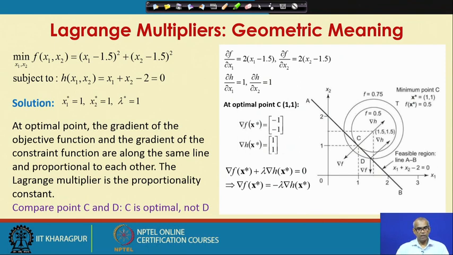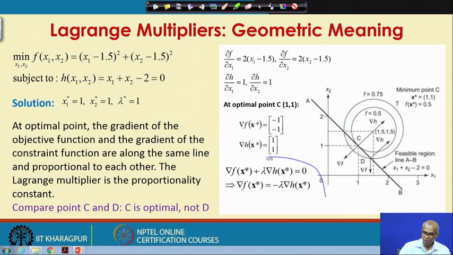So at the optimal point, the gradient of the objective function and the gradient of the constraint function are along the same line and proportional to each other. The Lagrange multiplier is the proportionality constant. We just compared point C and point D. Point C is optimal, but not point D. So the geometric meaning of the Lagrange multiplier can be obtained from this expression.